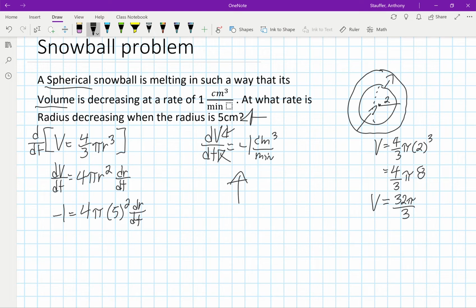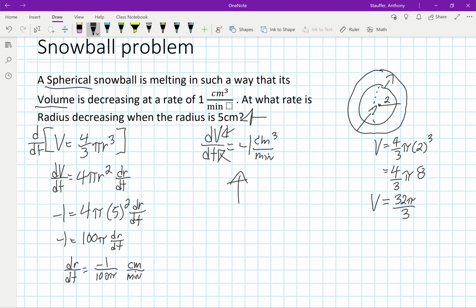Now, this dr over dt would be the rate of change of the radius. So using my awesome powers of mathematics, this gives me 100 pi dr over dt, or rather dr over dt equals -1 over 100 pi. That represents the rate of change of the radius with respect to time. If we want the units on this, it's centimeters per minute.